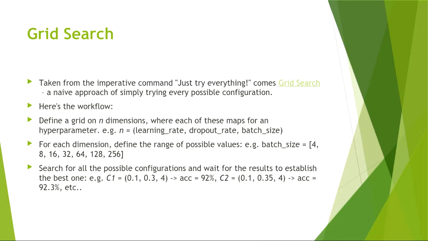This way we can find all the possible configurations and then have the best result. By search you got these values, and based on this you got some accuracy when you trained your parameters and established this accuracy.